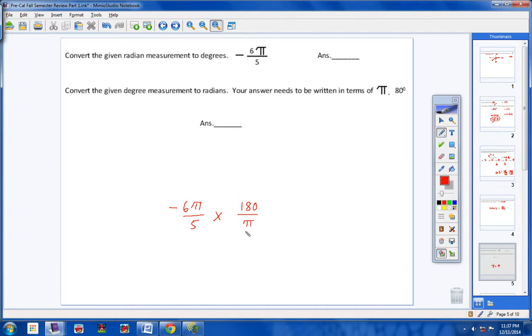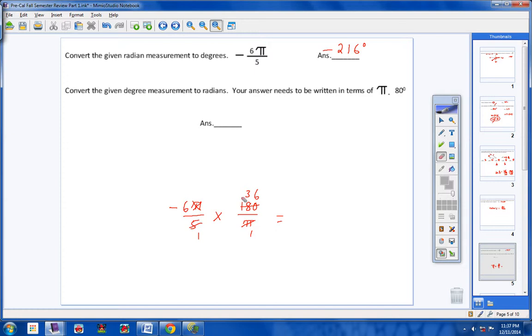So here, your pi would cancel with your pi. 5 goes into 180 36 times. Bring over your negative sign, and we have 6 times 36, which would give us 216 degrees. So there's the answer, negative 216.